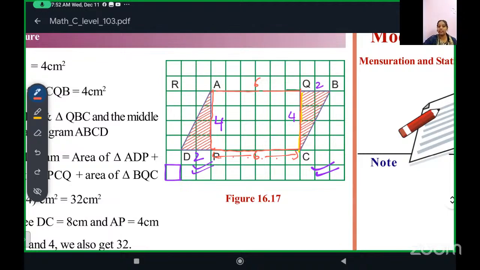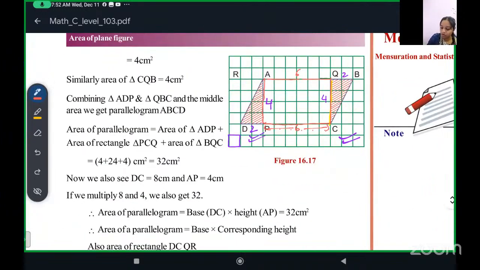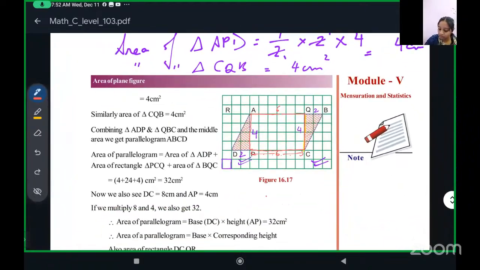Area of rectangle is length into breadth. So area of rectangle AQCP, not ABCP, sorry, this will be AQCP.